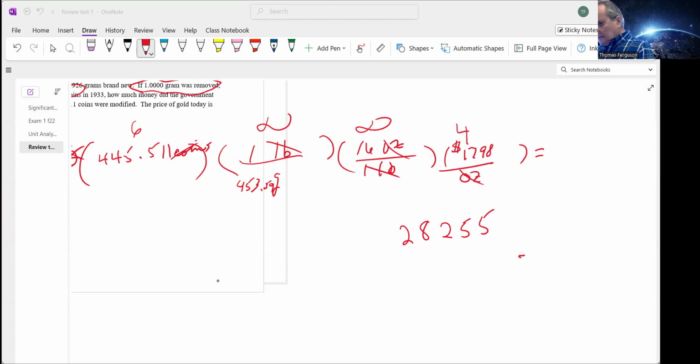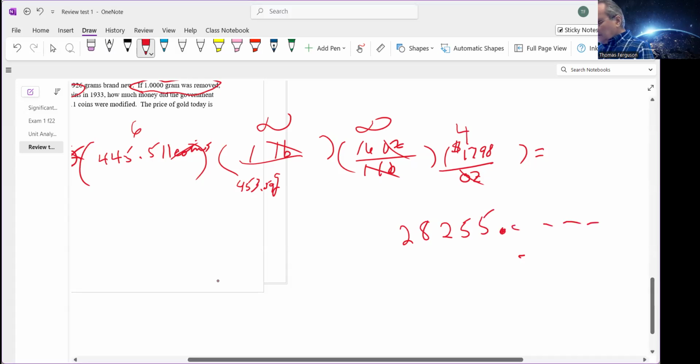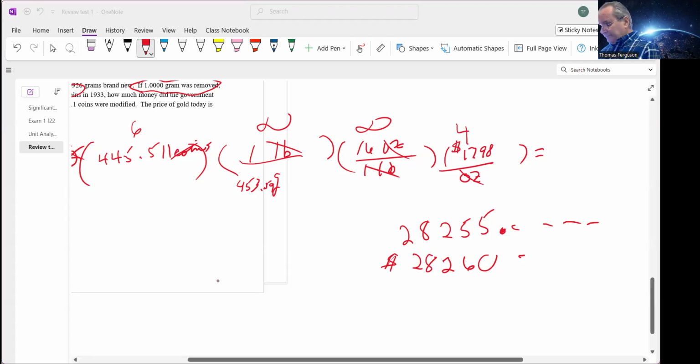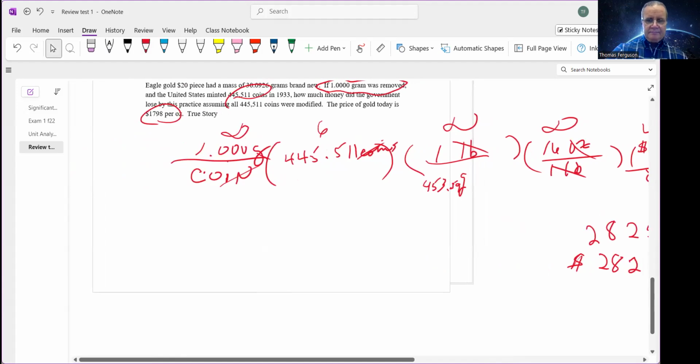And so we need 4 sig figs. That's 28 to 6. So we're looking at a little over $28 million. That was very clever of them to do that. Illegal as heck, but clever.